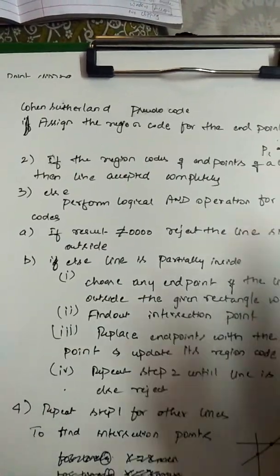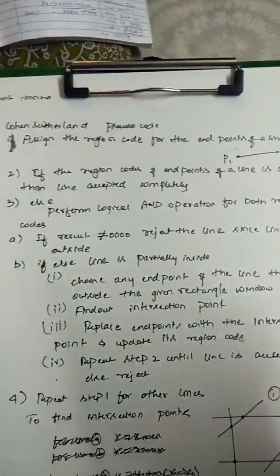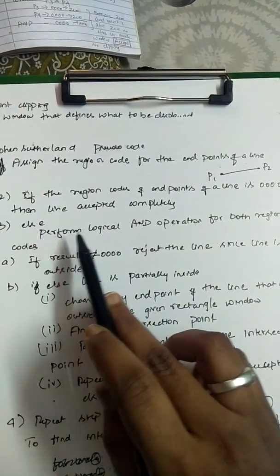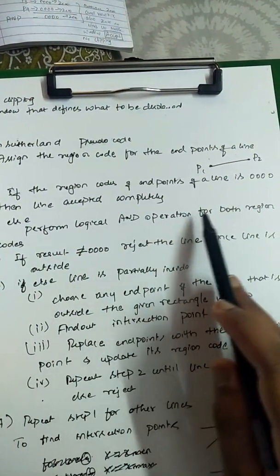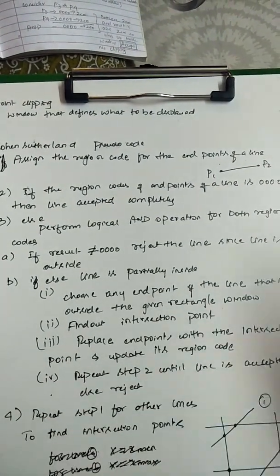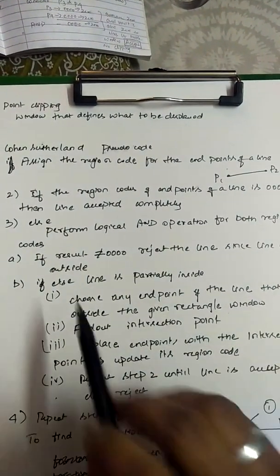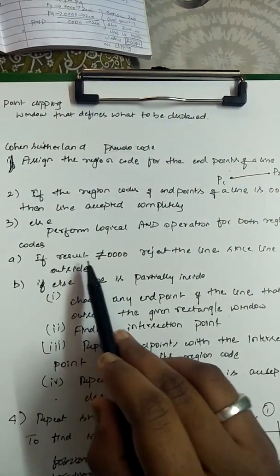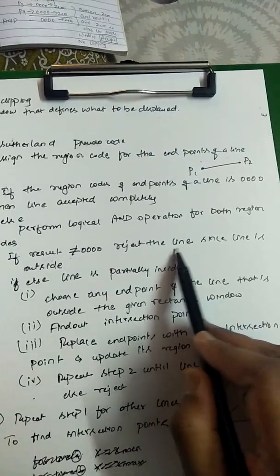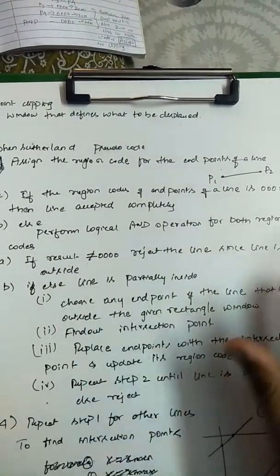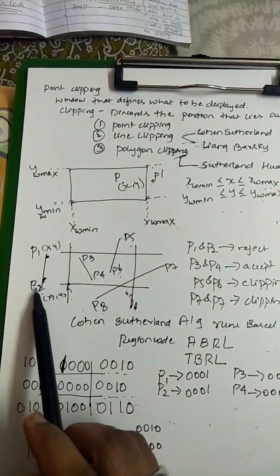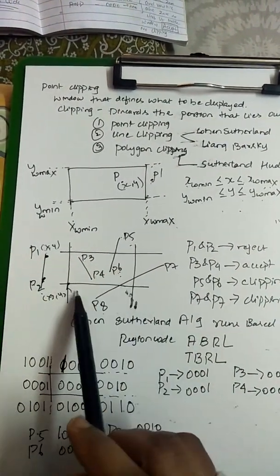What if both the region codes of the endpoints of a line are not 0? Else perform a logical AND operation on both region codes. Assume I have applied an AND operation. If the result is not equal to 0000, reject the line since the line is outside. For this, we'll take an example of P1 and P2. This is completely falling outside the clipping window.